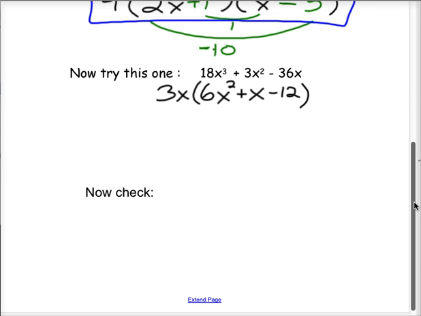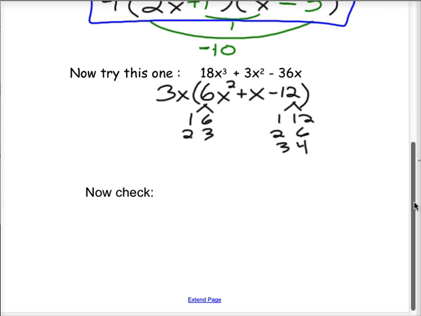Pulling out that 3x. Now I do all the work that we've been doing previously. I'm going to break apart that 6. Well, that's going to leave me 1 and 6, 2 and 3. That 12 is going to break down into 1 and 12, 2 and 6, 3 and 4.